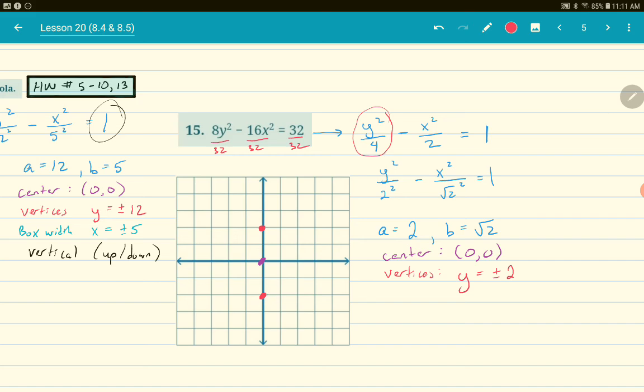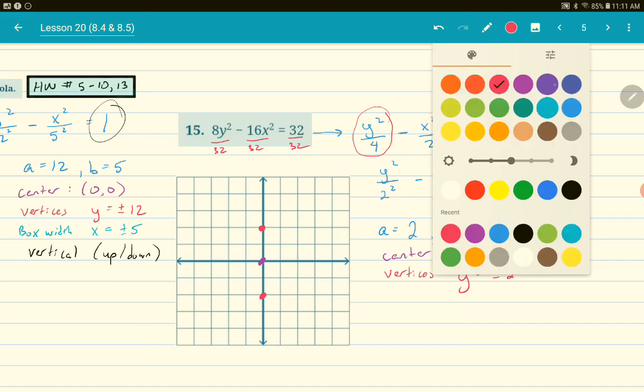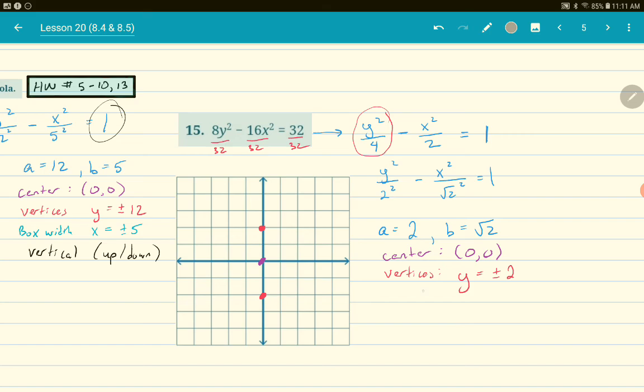So there's my vertices, and I'll also do my would-be vertices to get the box width, which is x equal to whatever's under the x, the square root of 2. Plus or minus the square root of 2, that's about 1.4, so I'll go about there.